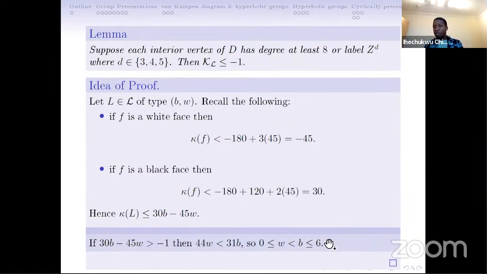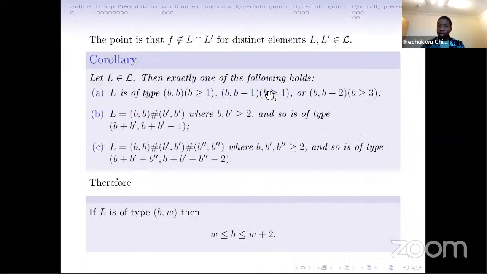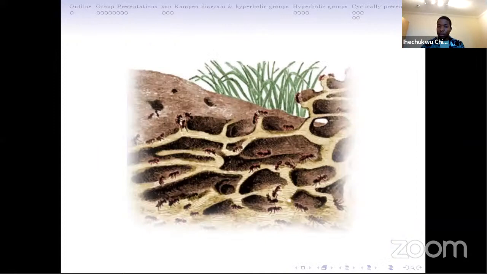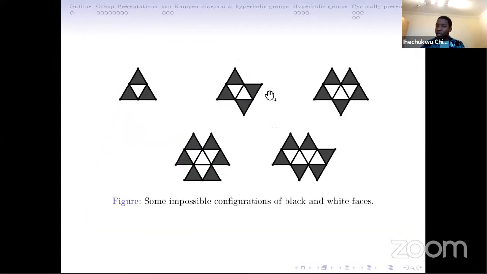So it's just a matter of testing when B is 1, 2, 3, 4, 5, or 6. And when you test them, you see that the curvature condition is satisfied, except in the cases that I described before, where you have this sort of thing happening, which doesn't happen.